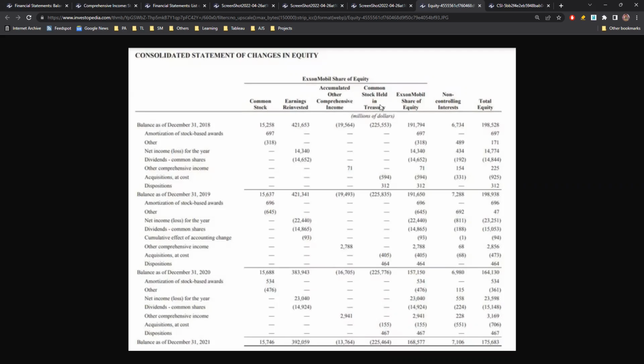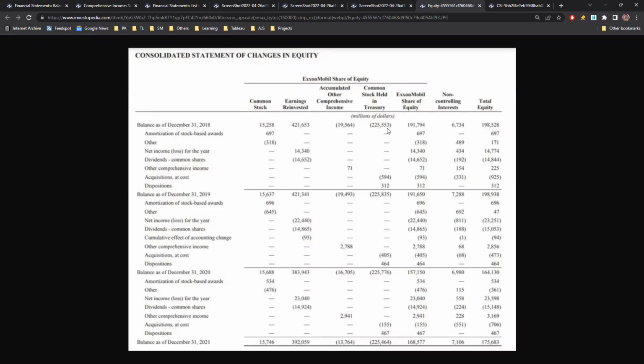After a certain time, a company may purchase shares to limit the amount of shares that are available for the public to trade on the stock market, and it can repurchase some of those shares back. And whatever shares the company repurchases back from the market are called treasury stock.